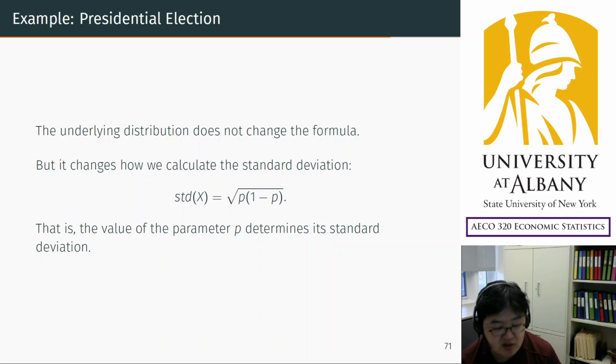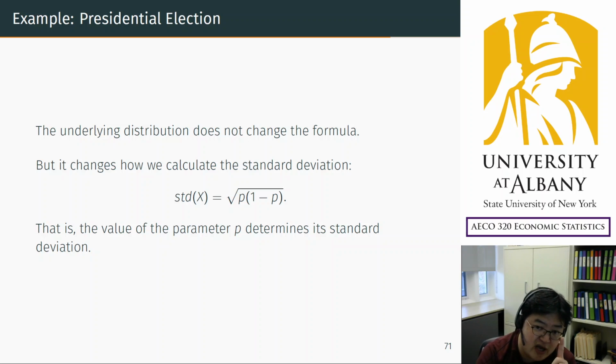Okay, then you may apply the same formula. There is no difference. So actually the conclusion is pretty simple. But you have to be careful about one thing. That's the standard deviation. The standard deviation for the binary distribution was given this way.